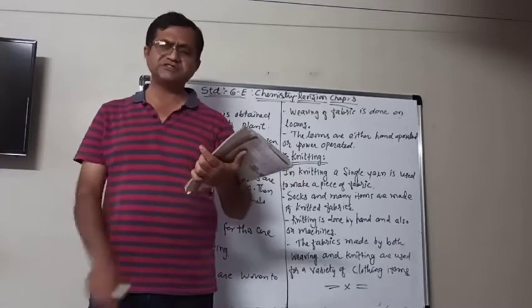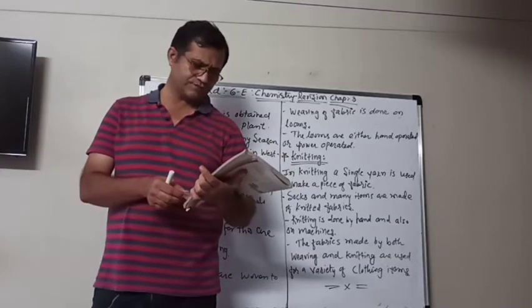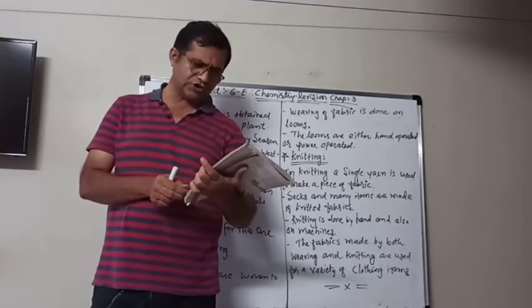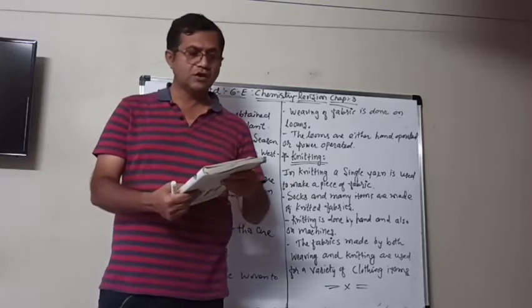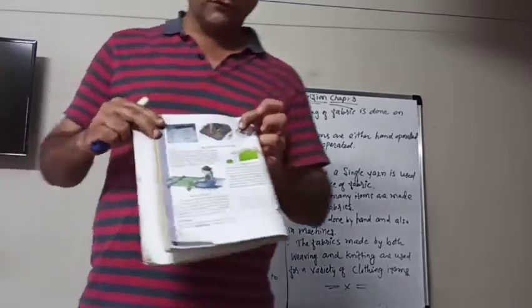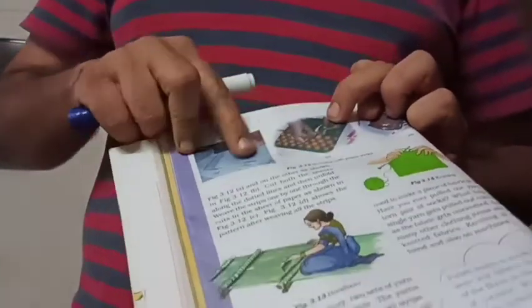Now we have to fold the sheets into half. On one sheet, draw lines as shown in the figure.